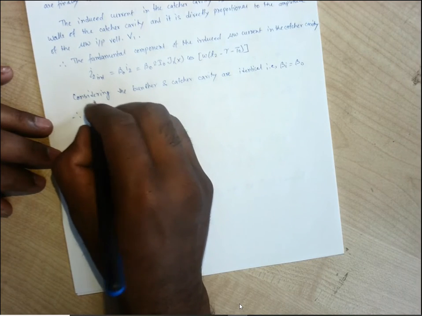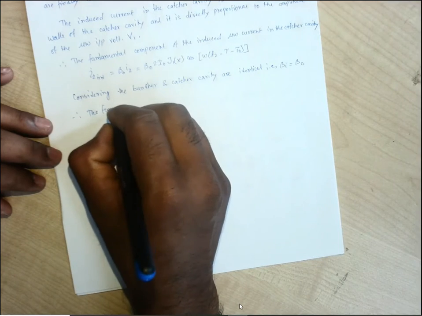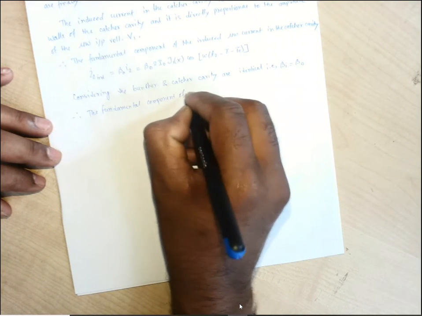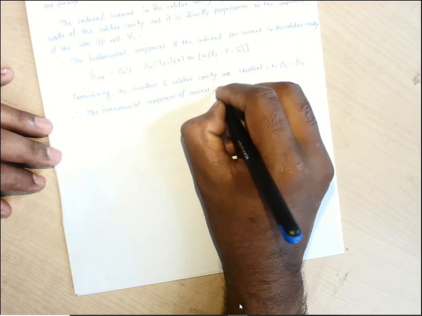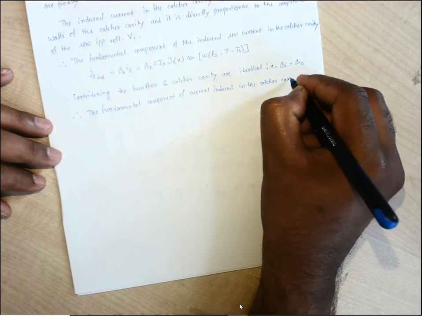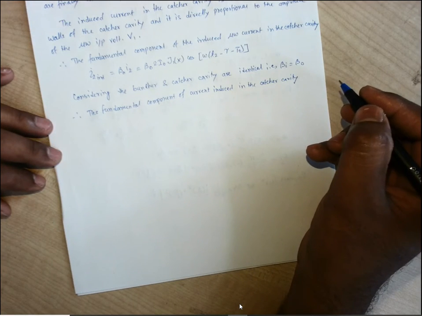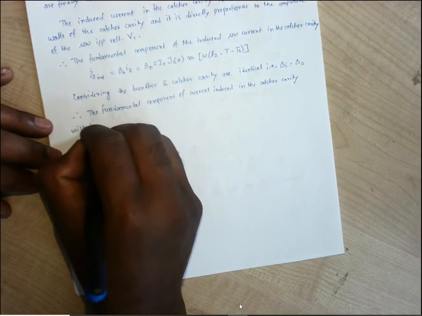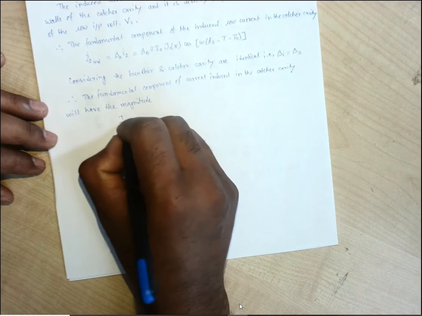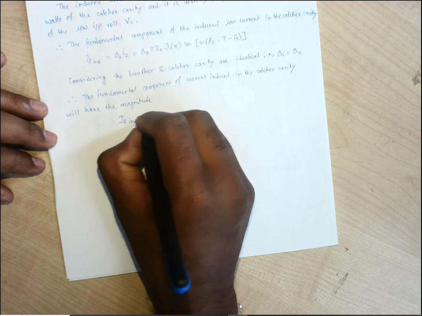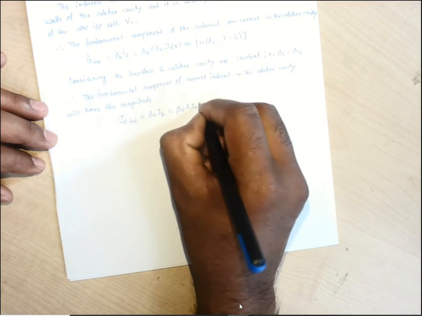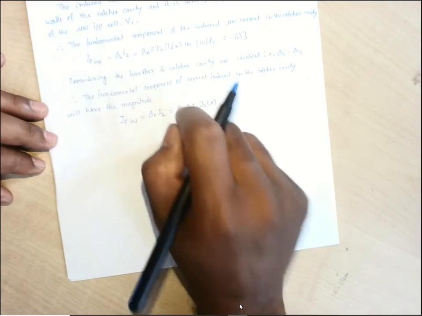Therefore the fundamental component of current induced in the catcher cavity will have the magnitude I2 induced, which is the magnitude beta naught I2, equal to beta naught twice I1 J1x. It is the magnitude of that fundamental component.